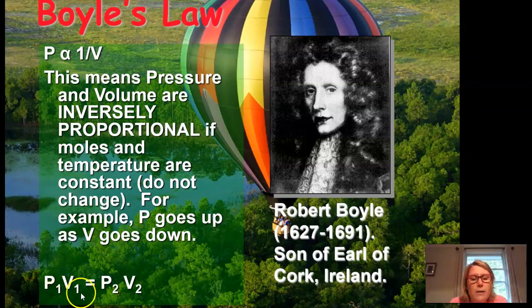First, the ones mean initial, the twos mean final. The other thing is you need to make sure your units are the same on both sides. So if I start with ATM, I'm going to end with ATM. If I start with milliliters, I'm going to end with milliliters.